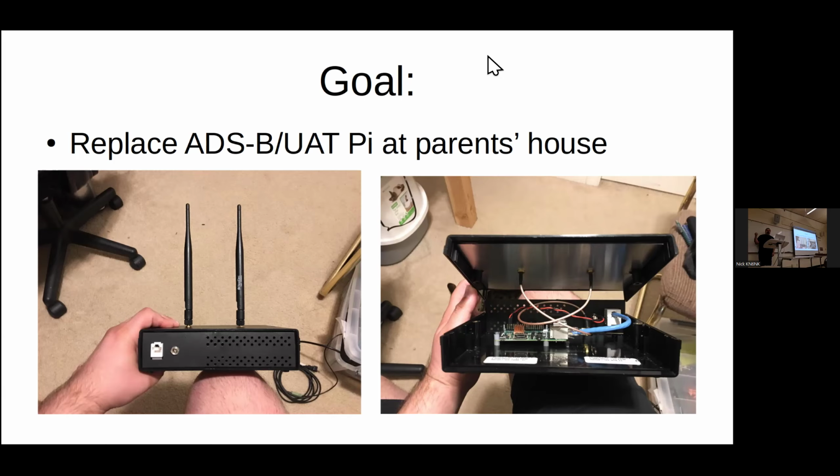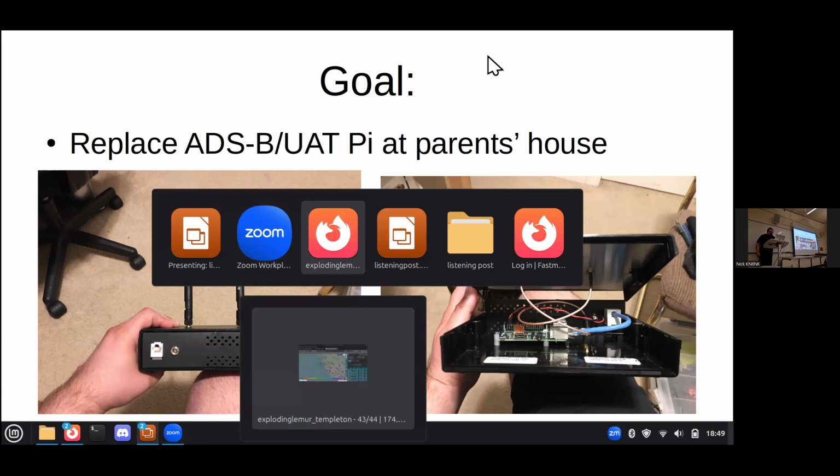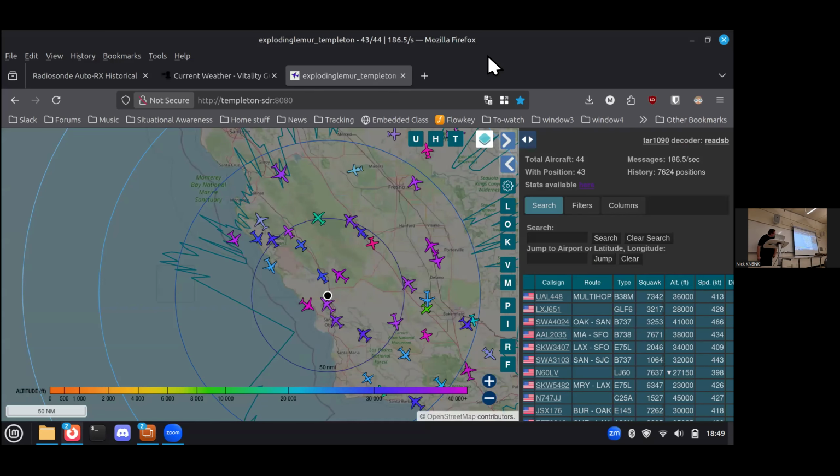It's basically APRS position reports for aircraft spammed multiple times a second. And so if you set up a station, you can hear aircraft sending these out and see where they all are. And it looks like this. This is the current sky over Templeton, centered on that little dot.